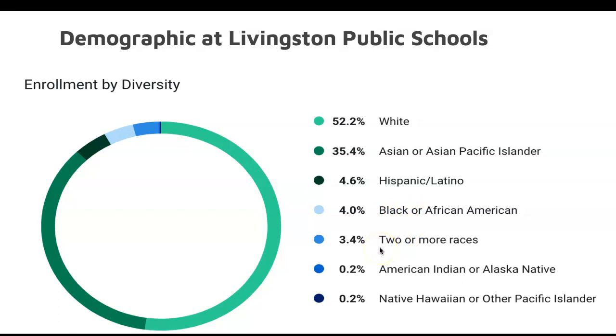The district is actually starting to become more and more diverse over the years. We were predominantly white and Asian, but we are now having more African American students and Hispanic and Latino.